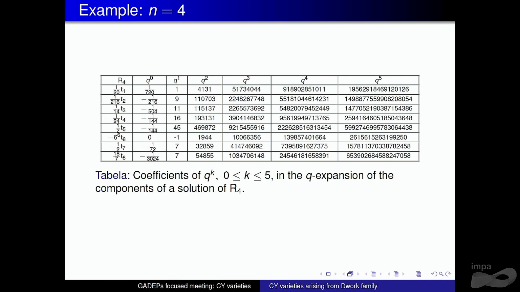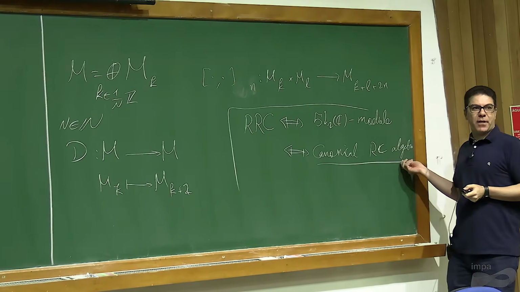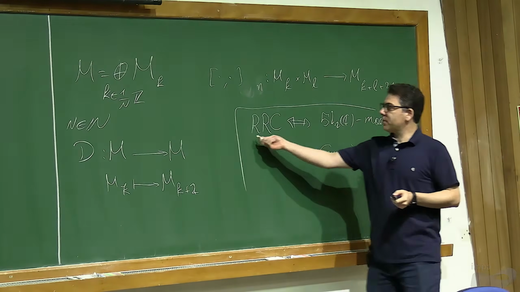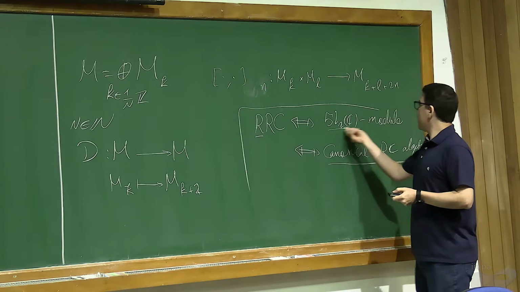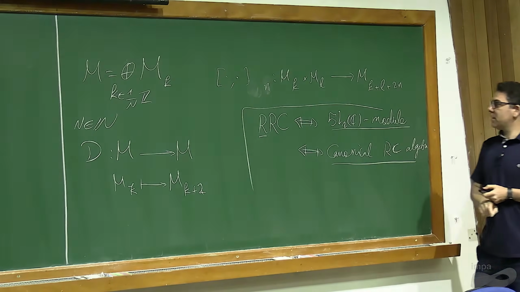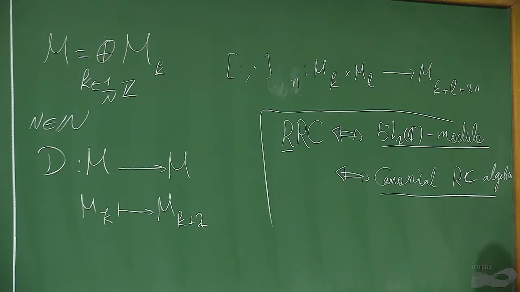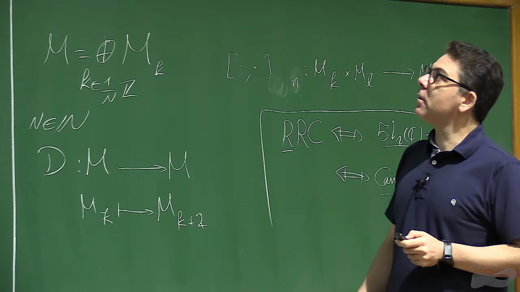What were the properties? In the case of the modular forms, we have exactly the canonical Rankin-Cohen algebra structure. We have this structure on the space of the modular forms.